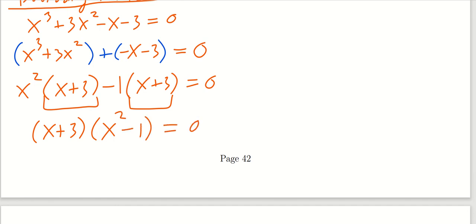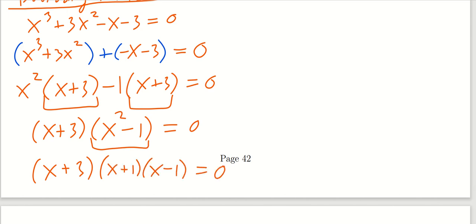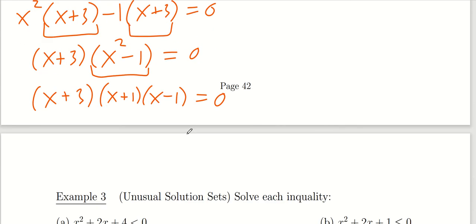And now notice that once we've done that, we have a partial factorization. This term here that we get actually happens to be a difference of squares. So that will factor as x plus 1 times x minus 1 equals 0. And now we can set each of these factors equal to 0 individually.